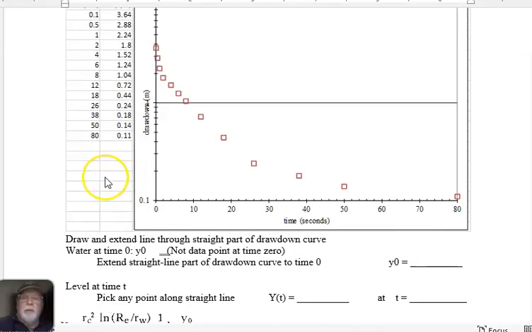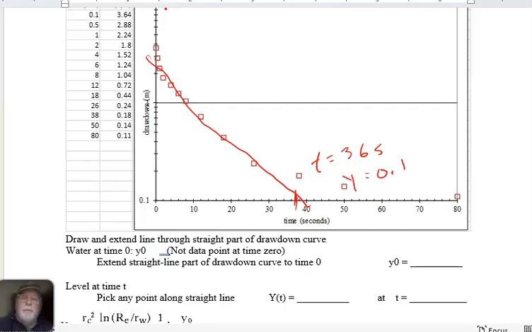I'm going to go here and repeat a couple things that we just did. So we had our line through here. We hit a T of 36 seconds, and I could have taken it off there where we got a Y of 0.1.